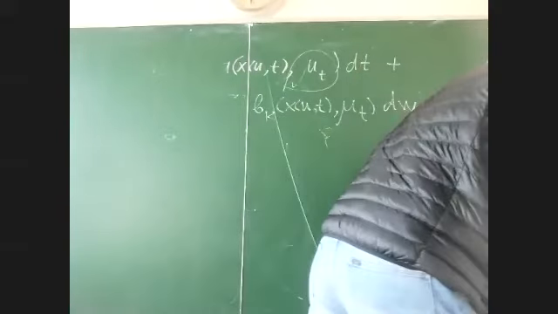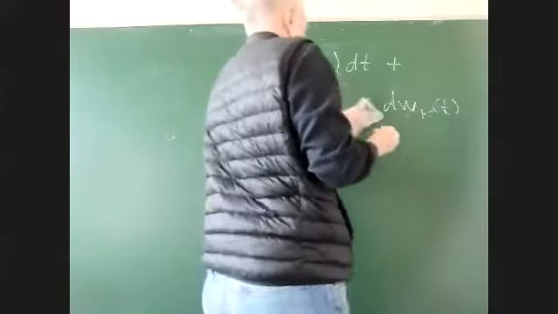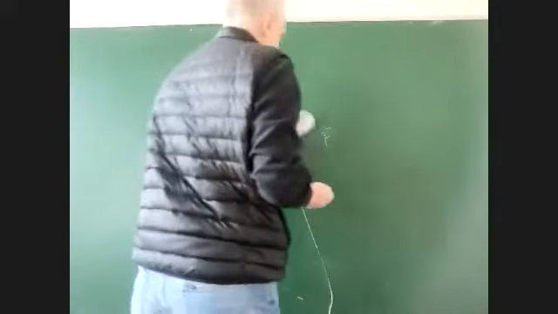As we have seen in the example with Hermann's equation, the measure mu will be supposed to be finite.